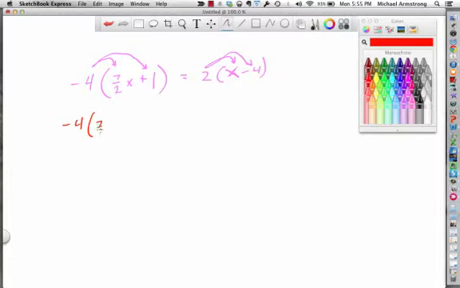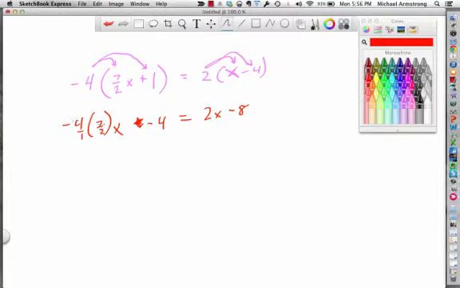-4 times 7/2. You could kind of make it like 4 ones. And there's an x. So all of those stay together. -4 times 1 is going to be, not positive, it's going to be -4. Equals 2 times x is just 2x, and 2 times a -4 is -8. Starting to look like something.